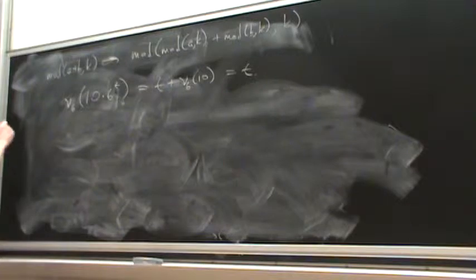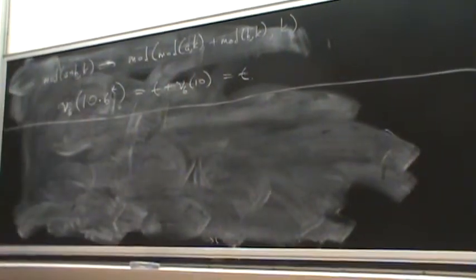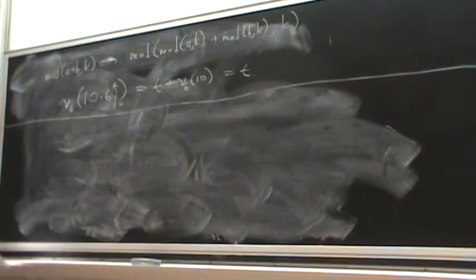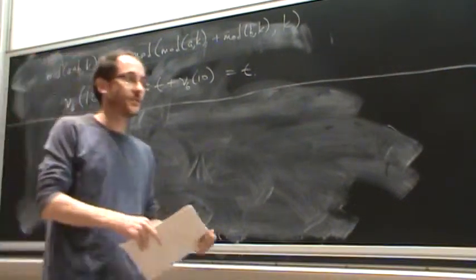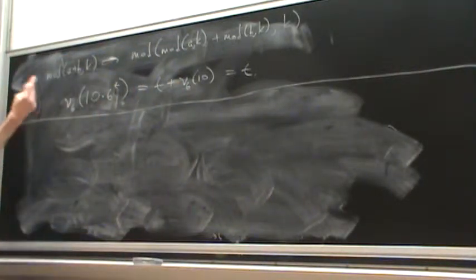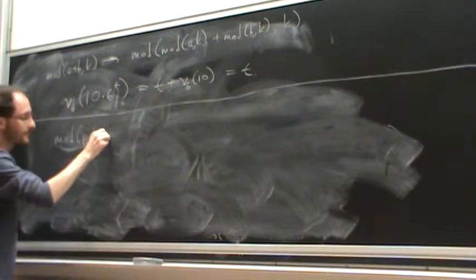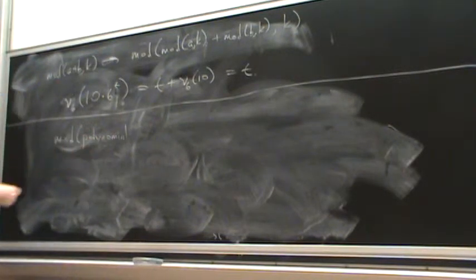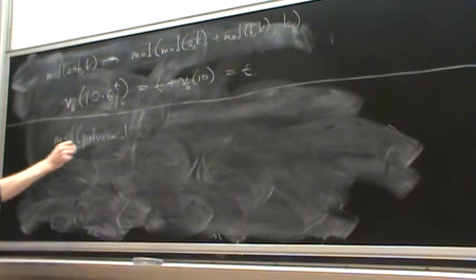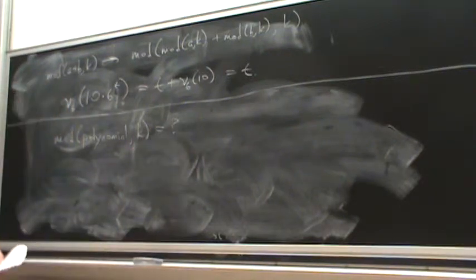Let's see. So let me just end with one thing that I found particularly interesting, which is that I mentioned that in traditional symbolic algebra, polynomials are the basic thing that you work with all the time. And it turns out that polynomials came up a fair amount in these computations. So one general question is, if we have some polynomial, say a univariate polynomial in n, and we want to evaluate it mod k, what can we do?